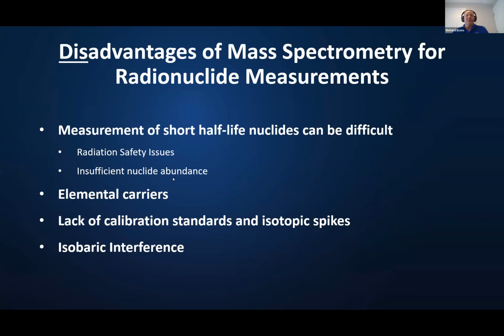Then there's the case where you're looking at an isotopic ratio with a very long-lived or even stable isotope, and then a very short-lived isotope of that same element. So you have a very large dynamic range in the material you're trying to measure. Of course, elemental carriers can also be a real problem. Frequently when people are working with radioisotopes, they're using carriers for their chemistry.